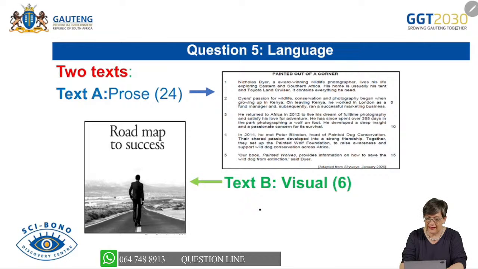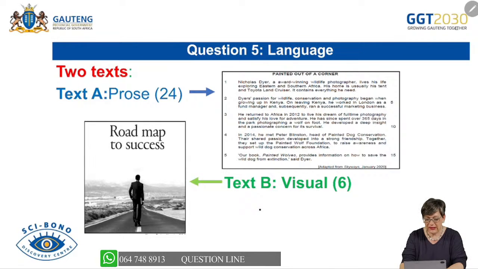On leaving Kenya, he worked in London as a fund manager and subsequently ran a successful marketing business. He returned to Africa in 2012 to live his dream of full-time photography and satisfy his love for adventure. He has since spent over 365 days in the park photographing a wolf on foot. He developed a deep insight and a passionate concern for its survival.